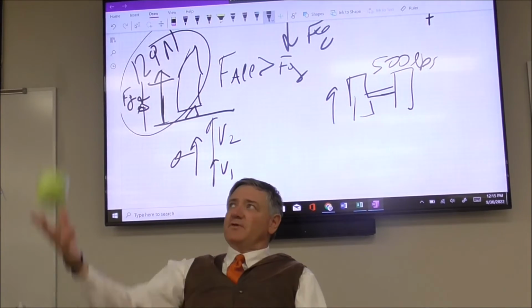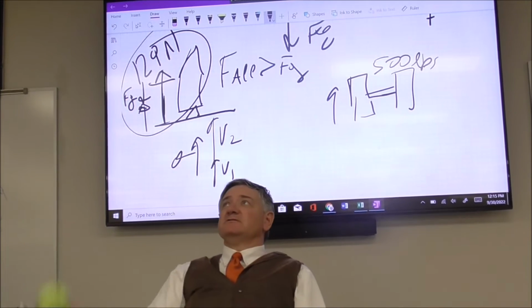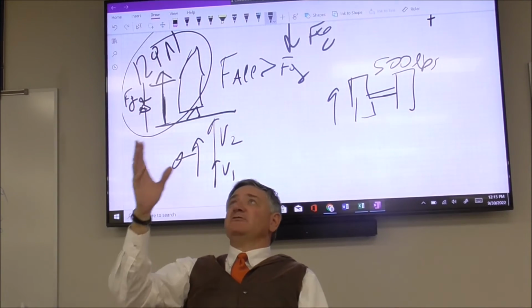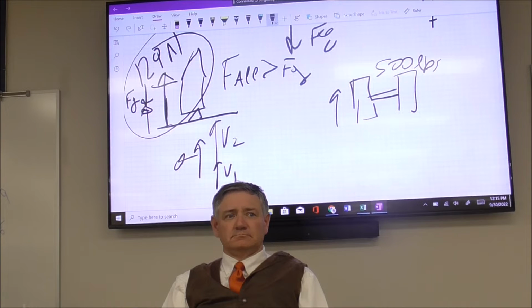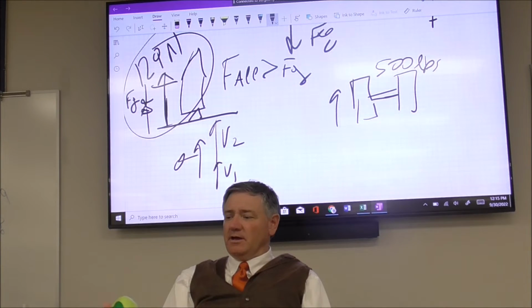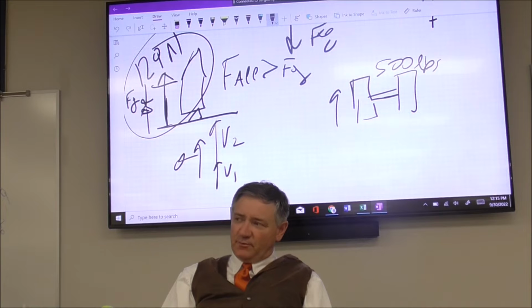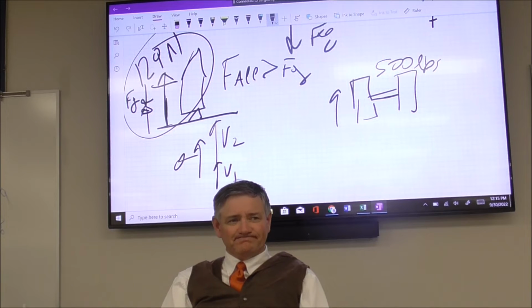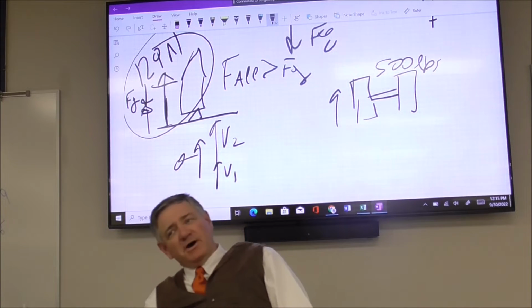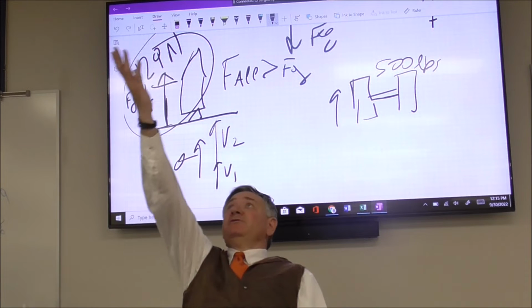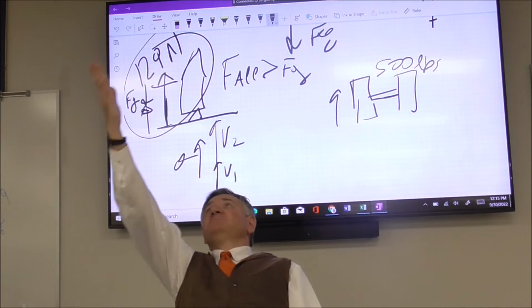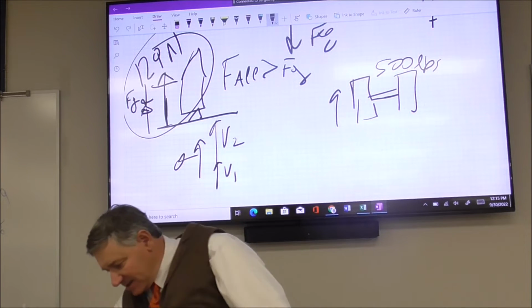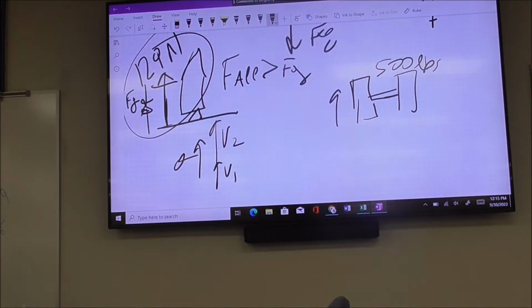Now, if I want to throw the apple up in the air, does the force that I apply have to be bigger or smaller than 1 Newton? Bigger, right? Because if I don't apply a force bigger than 1 Newton, it really doesn't go anywhere. But if I apply a force bigger than 1 Newton, it accelerates upward. But as soon as it leaves my hand, the only force acting on it is gravity.